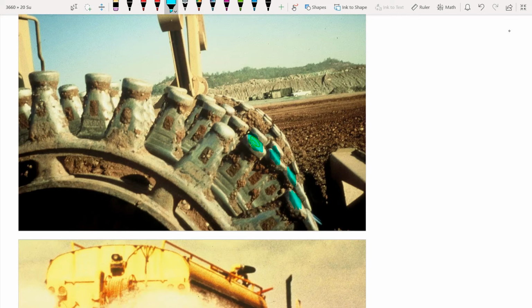Remember the key concept: if you use one sentence to define soil compaction, it is the reduction of the air volume. All those sheepsfoot drums, or that compaction effort pounding on the soil, will densify it by reducing the air volume. So that's the key concept.